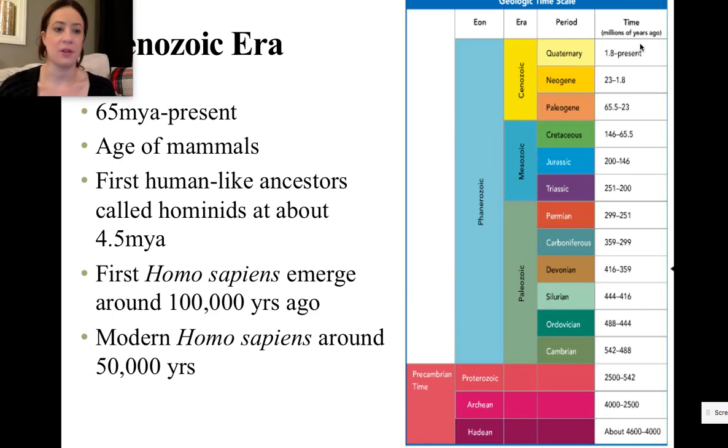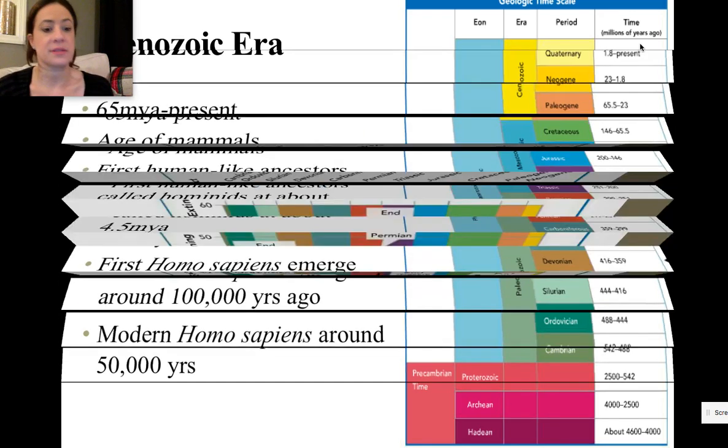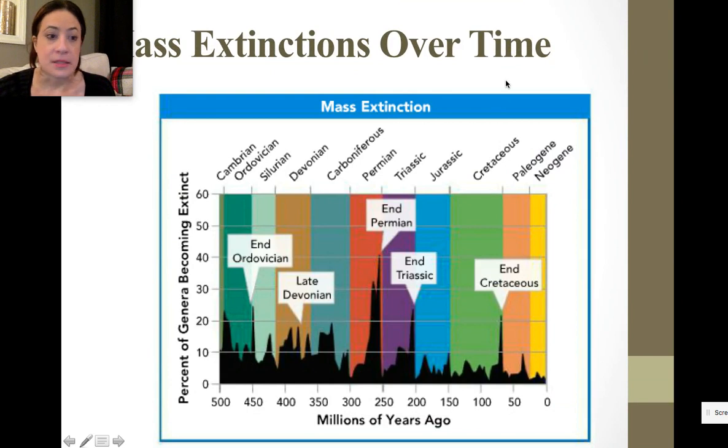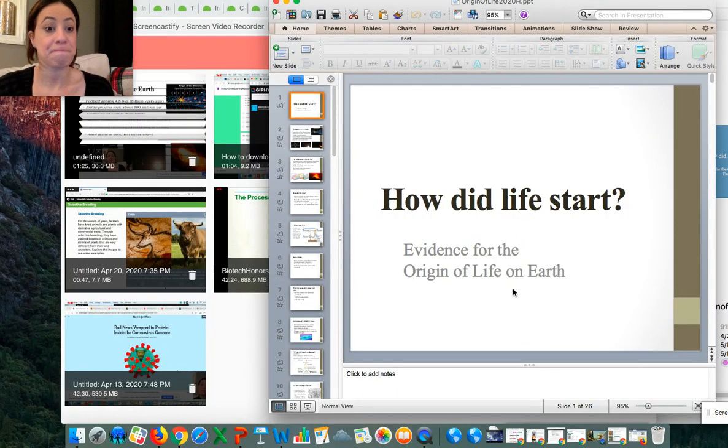There's an alarming rate of species that are becoming extinct, really due to our own influence. So here are mass extinctions occurring over time, and we have these major events which would mark the ends of major eras. This is the one that would mark the end of the dinosaurs, the end of the Mesozoic era. I'm going to have you guys be looking at something this week, going into next week, that goes a little bit deeper into that. But that's it.